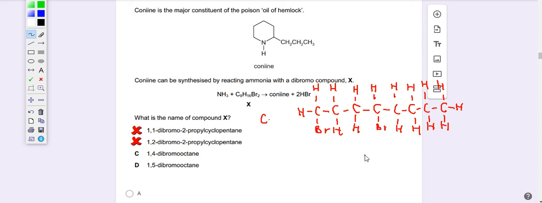So let's say this bromine is replaced by NH2. After that, this lone pair on the nitrogen will attack this carbon. So what will happen is you will get nitrogen.